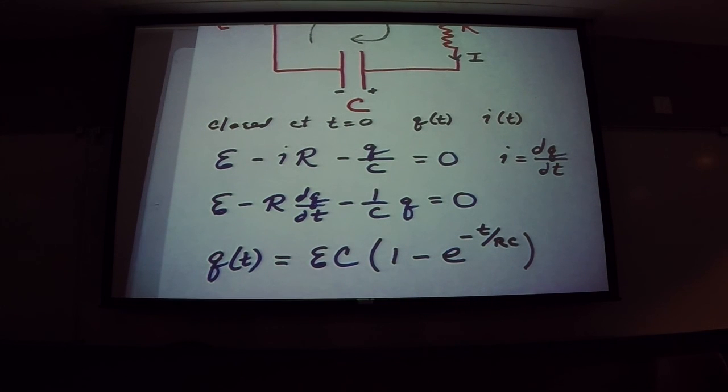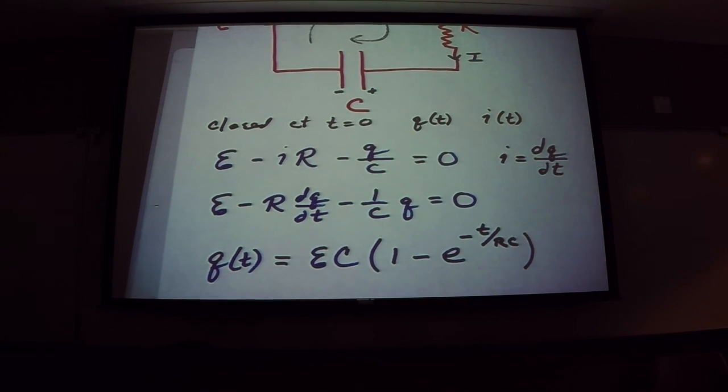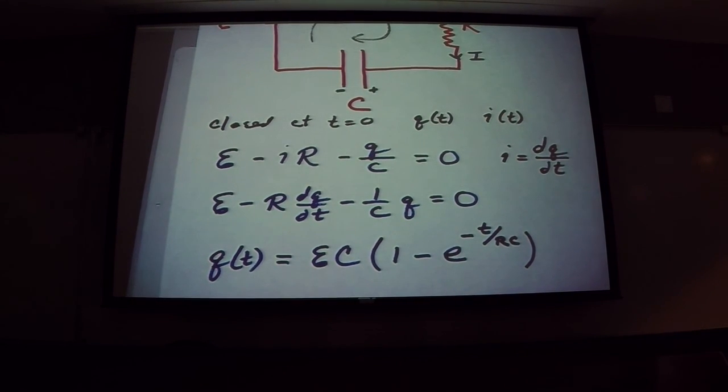That's the solution to the equation. By the way, you also need to use the limiting case for the first order differential equation: Q at time 0 is 0. It begins uncharged. So those of you who have gotten that far, that's how you get this equation, because Q at time 0 is 0 since it starts out uncharged.